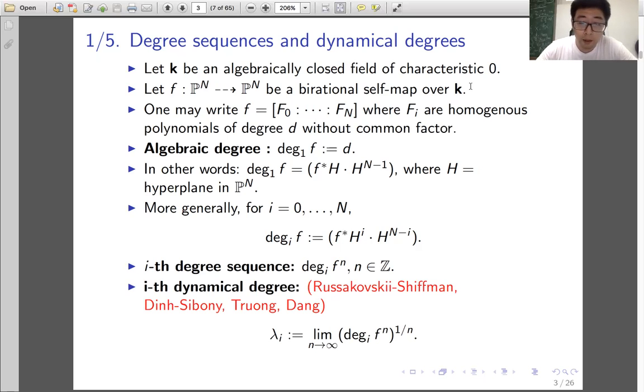It was made by Russakovskii and Shiffman for P^n over the complex numbers, and then by Dinh-Sibony for all complex projective varieties, and then by Truong and by Dang for all varieties over any field.